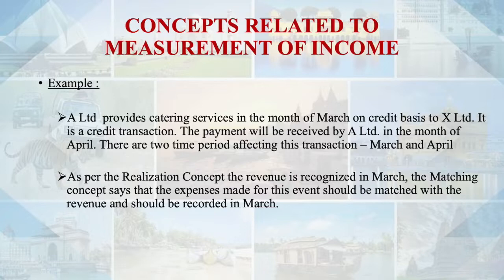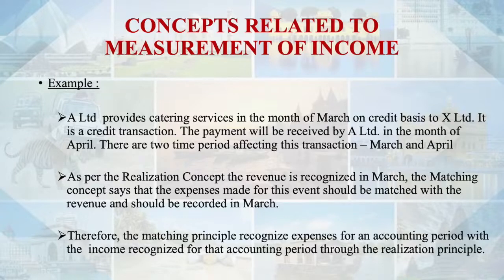No. The matching concept says that whenever you are recording the income, the expenses related to that income should also be recorded during that particular time period itself. Therefore, we can say that this matching principle recognizes the expenses for an accounting period with the income recognized for that accounting period through the realization concept or the principle.